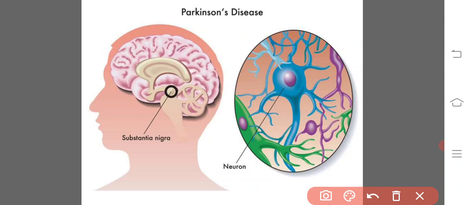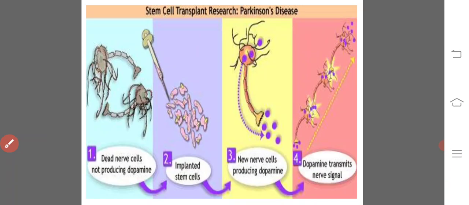A lack of secretion of dopamine. Dopamine is a neurotransmitter and is the main reason for Parkinson's disease. These specialized neurons of the substantia nigra, a region of the brain, secrete dopamine.